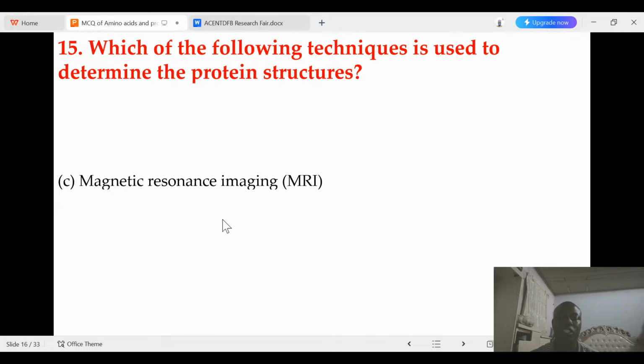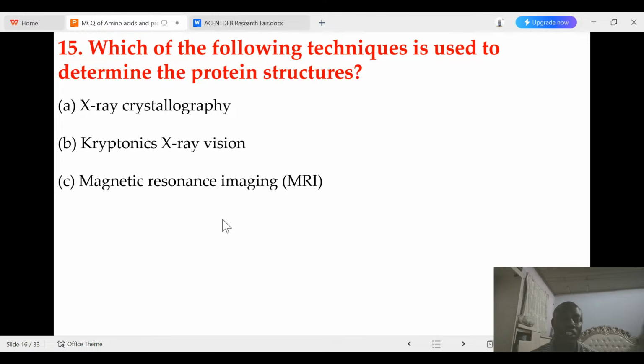Which of the following techniques is used to determine the protein structure? A. X-ray crystallography. B. Cryptonics. C. X-ray vision. And then D. None of the above. So which of the techniques is used in determining the protein structure?